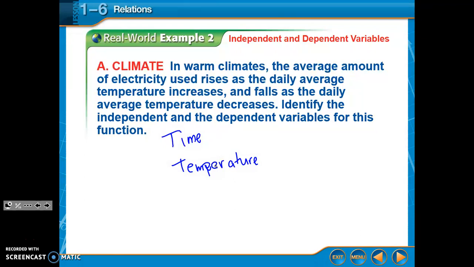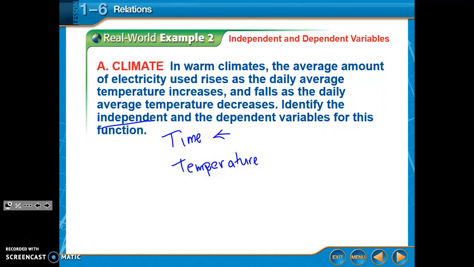The dependent variable always depends on the independent variable. Usually the independent variable is the consistent thing, so each measurement we have is an equal spacing apart, and the dependent variable is usually more varying in the spacing. If we're thinking about time with temperature, we're measuring throughout the hours of the day, equally spaced out.